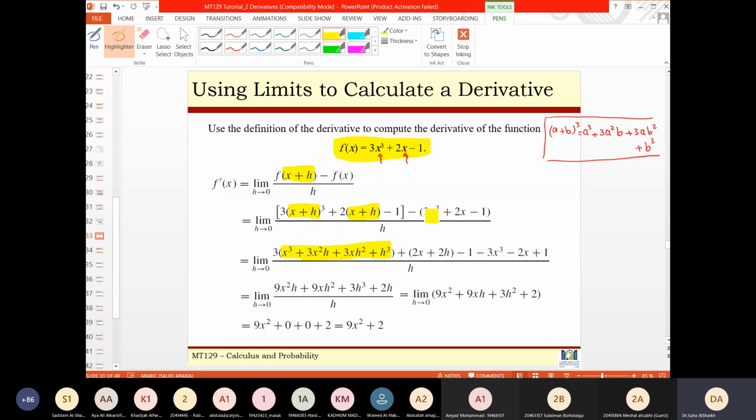And the minus makes this minus 3x cubed minus 2x plus 1, and we start canceling whatever can cancel. I have a 3x cubed and here I have minus 3x cubed. Okay, good. And we have the 2x and the minus 2x as well. They are canceling. I have the plus 1, I have the minus 1.